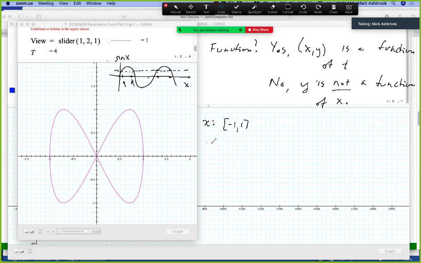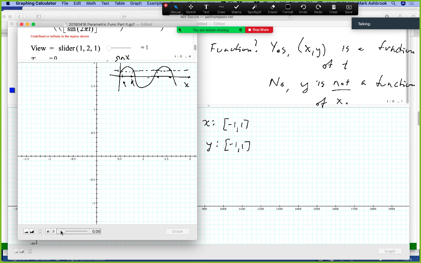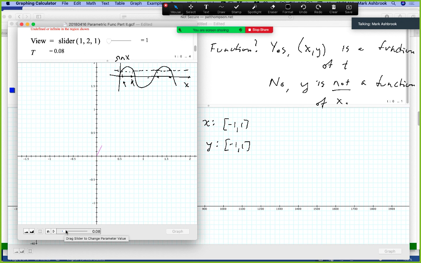So is y. And it's kind of repeating, right? So what does x do? Looking at just the x coordinate now, x goes from 0 to 1, back to 0. This is just the x-coordinate. Then to -1, and back to 0.